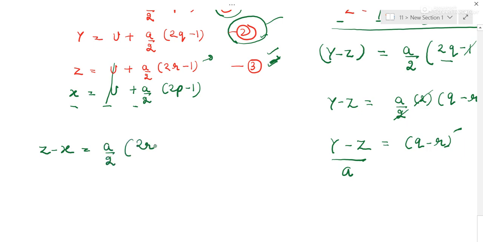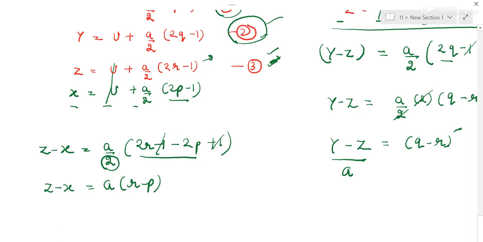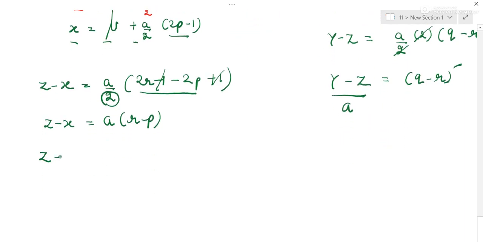Upper term as it is, 2r minus 1. Second term will be written with sign change. So 1 is cancelled. 2r minus 2p, 2 common, 2 will be cancelled. So it will be coming as a into r minus p. So z minus x by a equals r minus p. So I'm ready with this value as well.